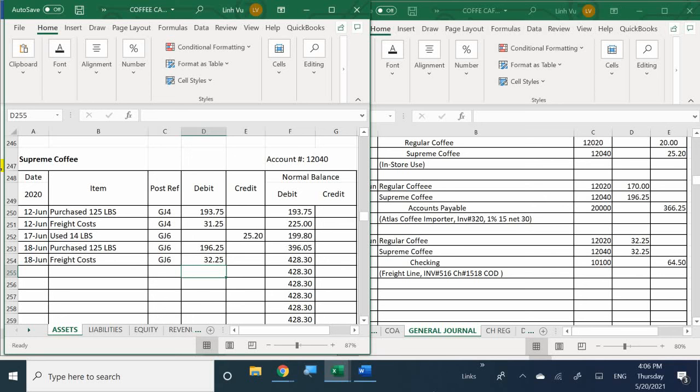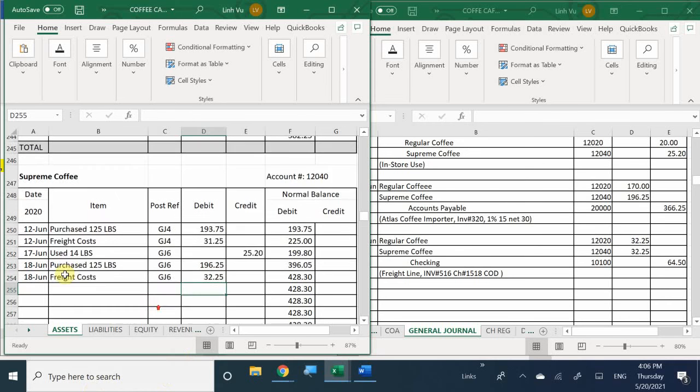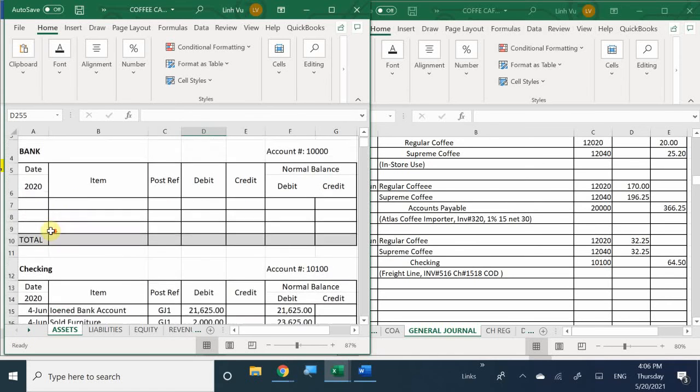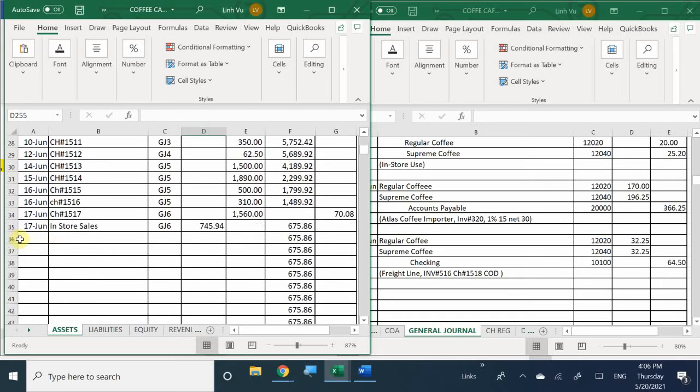And seeing we gave them a check, we go up to checking. Yes, good. Checking, the 18th again, check number 1518, General Journal 6.